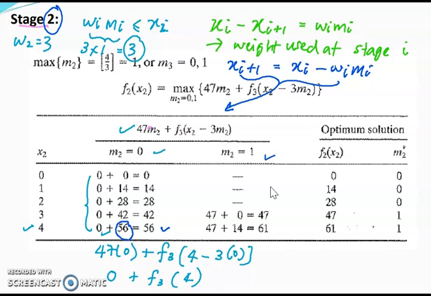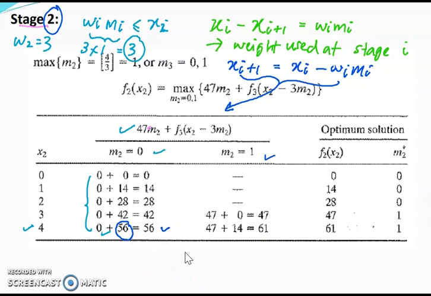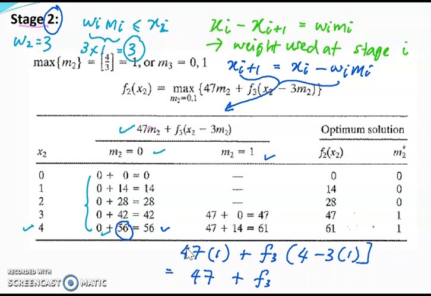Same goes here when m2 equals 1. So 47 times 1 plus f3 of 4 minus 3 times m2, where m2 is 1. So we have 47 plus f3 of 1.